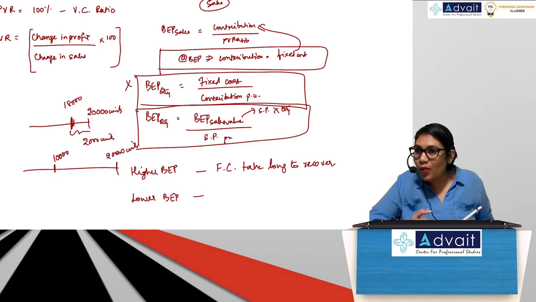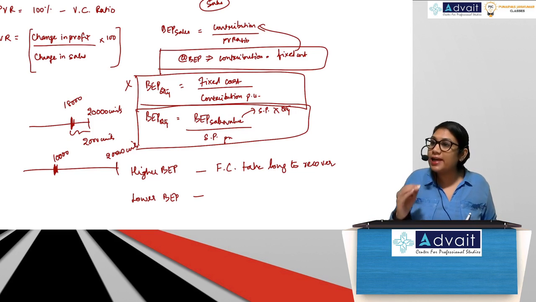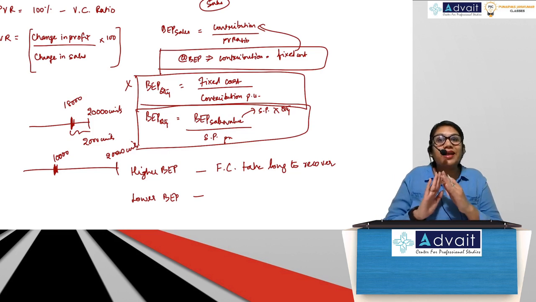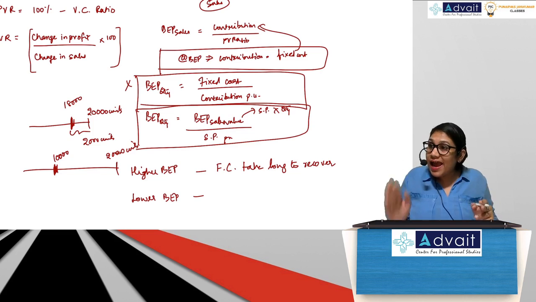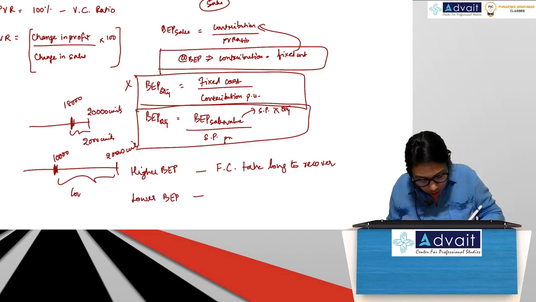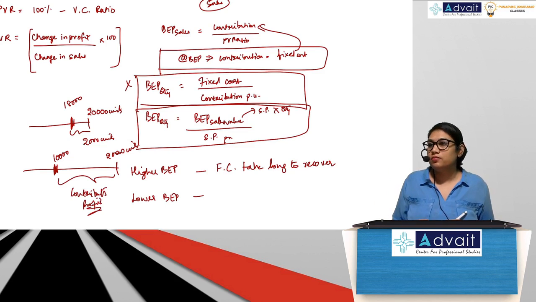Obviously the second one. Why? Because when the organization is selling 10,000 units at BEP, that means at 10,000 units only I'm recovering all my costs, which means anything that I sell over and above 10,000, the whole thing contributes to my profits. The whole thing becomes my profit.